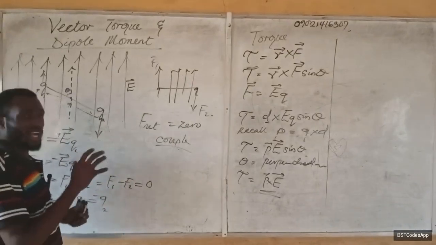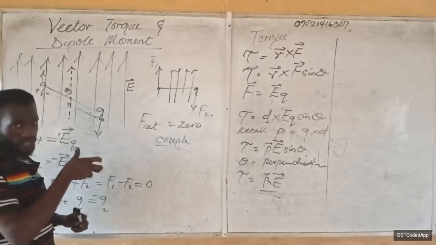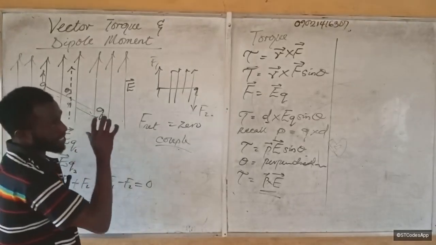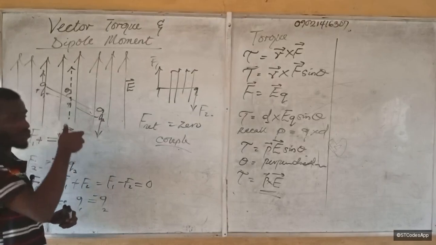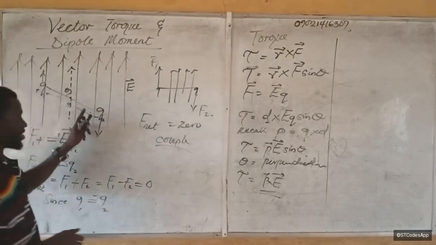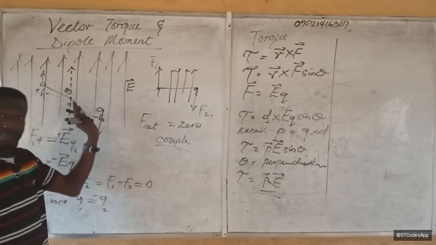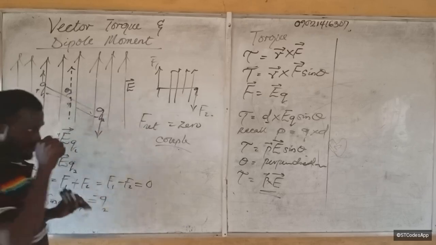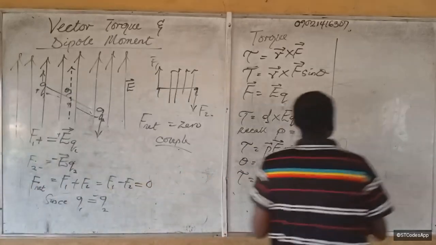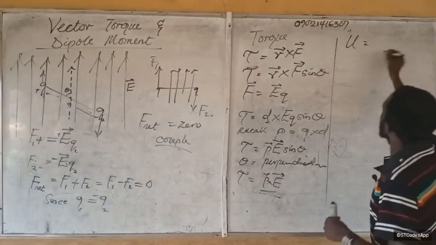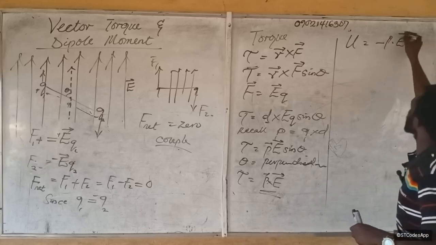So when the torque causes it to rotate, there's going to be an energy in the system, right? Because work is being done here, work of rotation. So the work done on the system is given by negative P dot E.